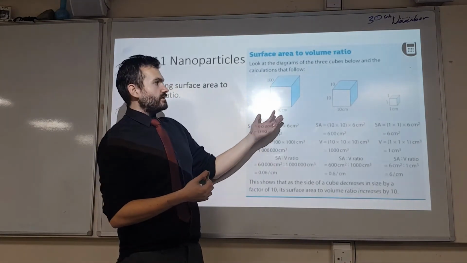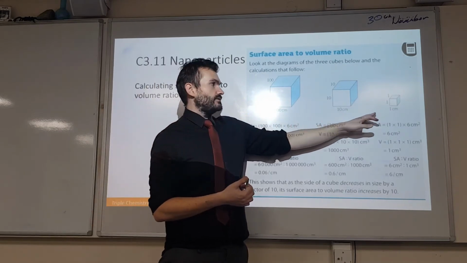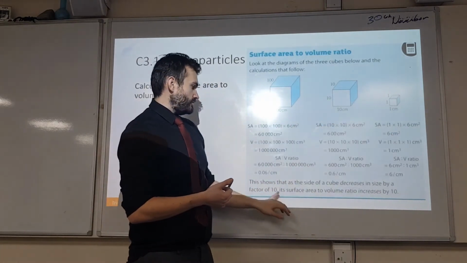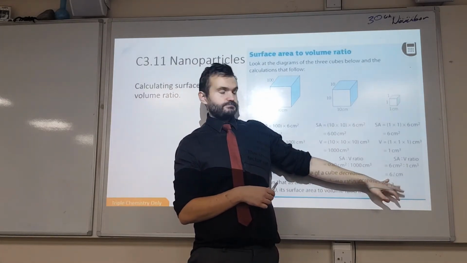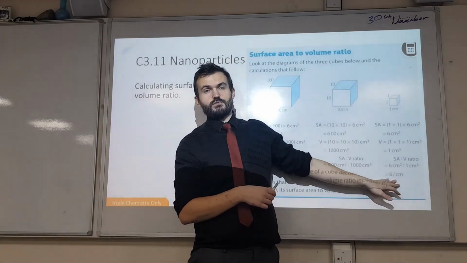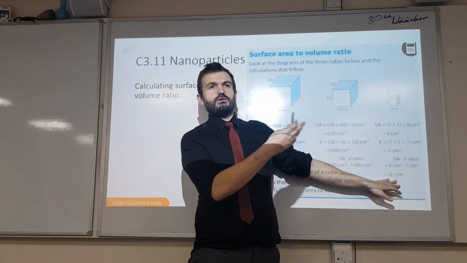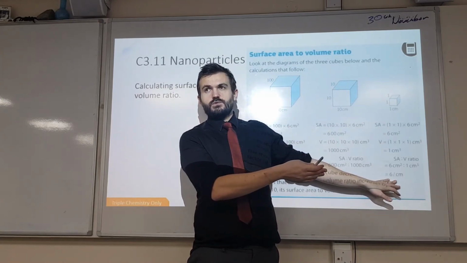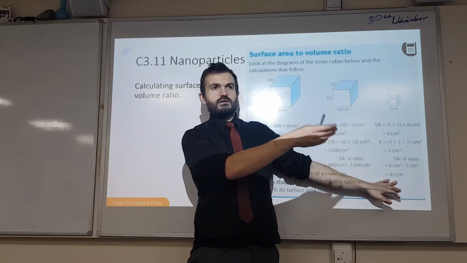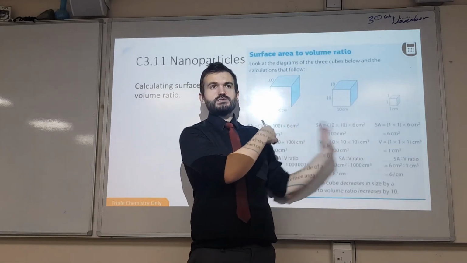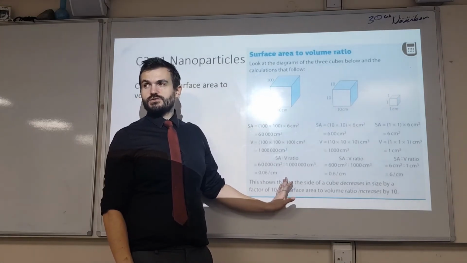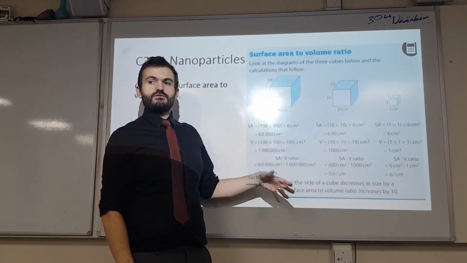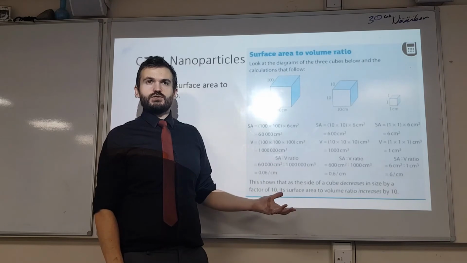If we're going down a magnitude of 100, we get a 100-fold increase in surface area to volume ratio. If we were going to our nanoparticle, which is a billion smaller than a meter, we'd get a billion times more surface area to volume ratio. And if we've got that much surface area, that's what's going to cause the reaction.